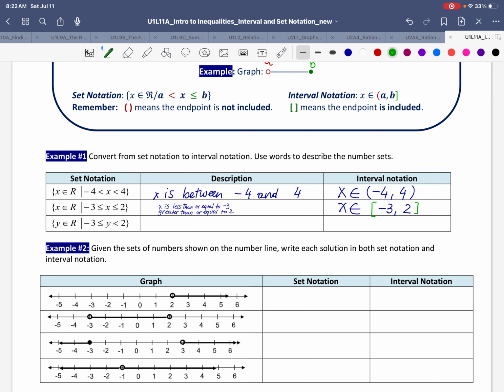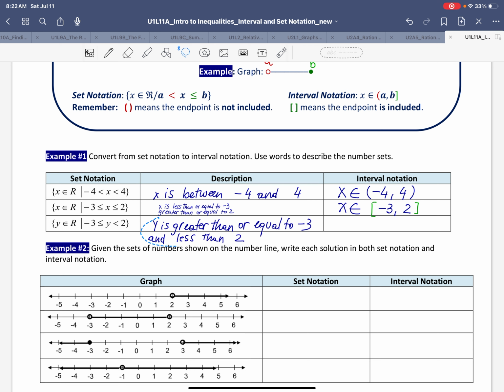So we're going to say that y is greater than or equal to -3, and simultaneously less than 2. So in interval notation, we are going to simply list the two numbers, negative 3 and 2, separated by a comma.